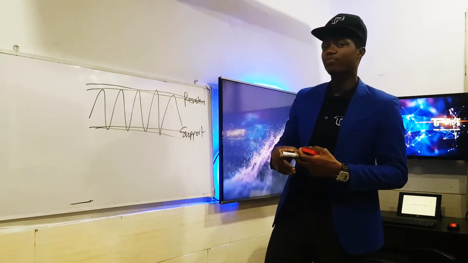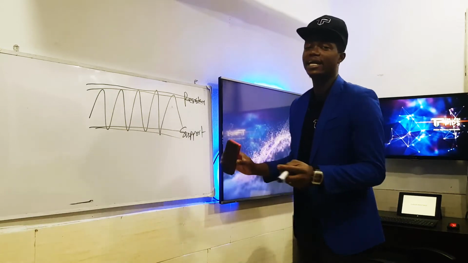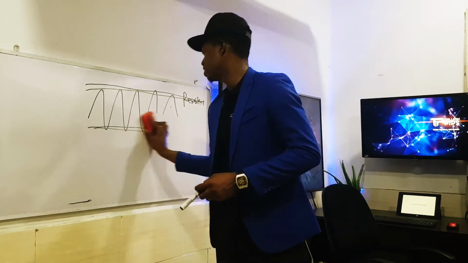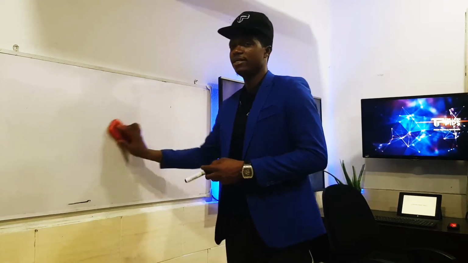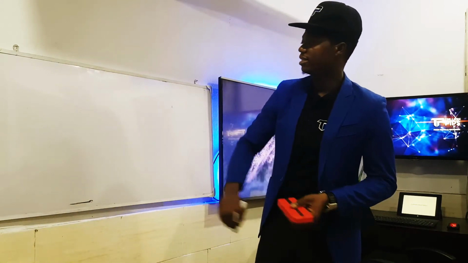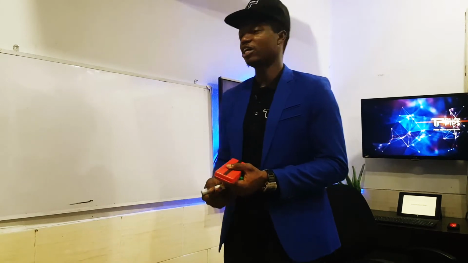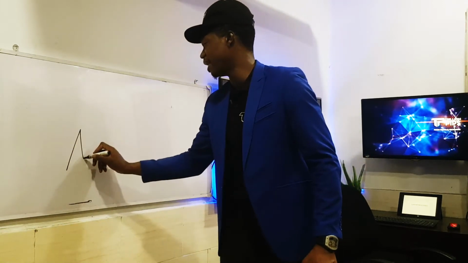We have another type of support and resistance, which is the dynamic support and resistance. It's not arranged in a linear fashion like this. It's usually arranged in a diagonal fashion. So we have something like this.